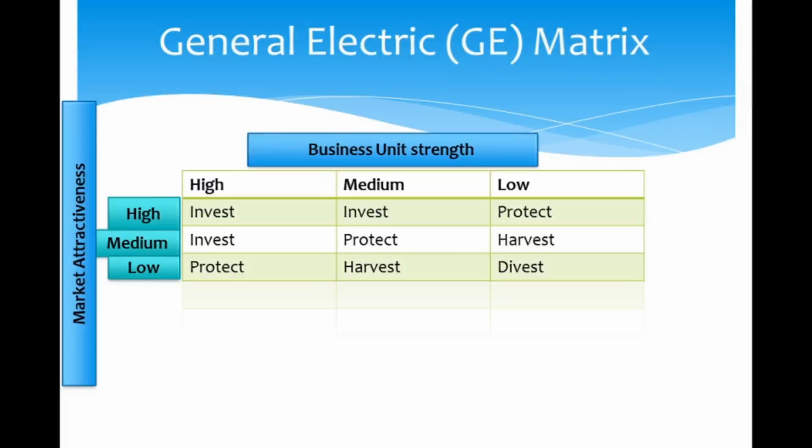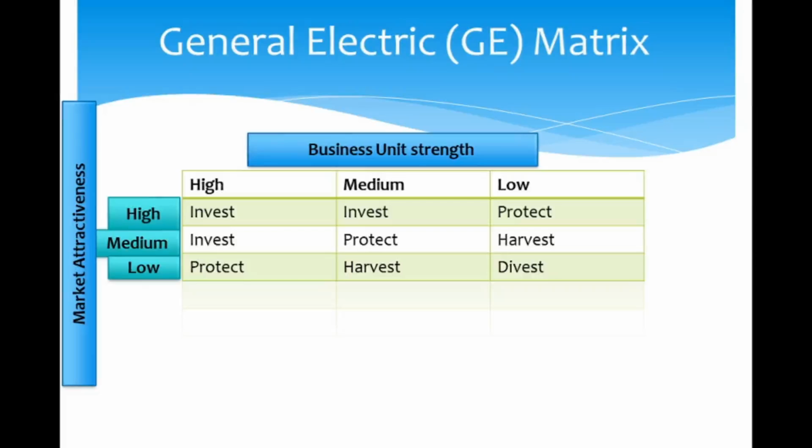The General Electric matrix was developed by GE with the assistance of the consultancy firm named McKinsey and Company. It is similar to the BCG matrix but it is more advanced. The model identifies the market position and profitability of different business units based on market attractiveness and business unit strength.